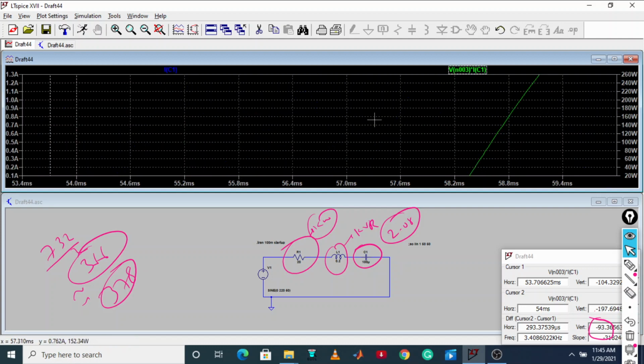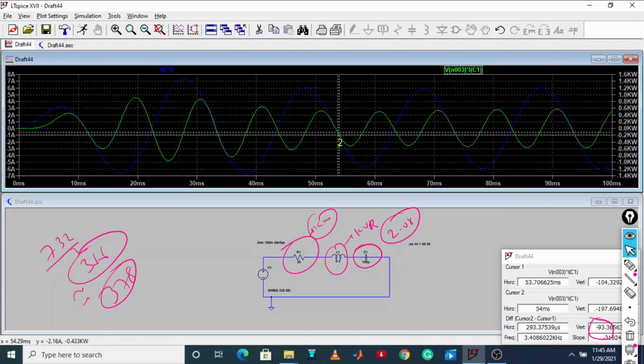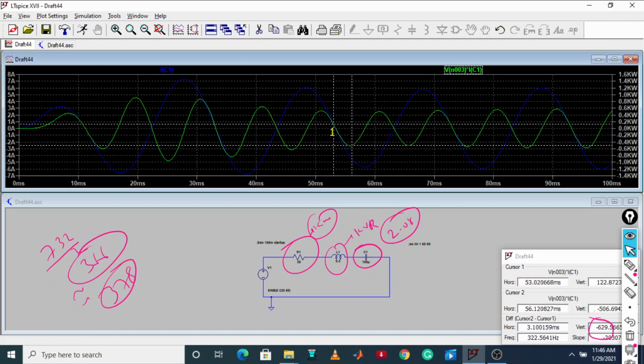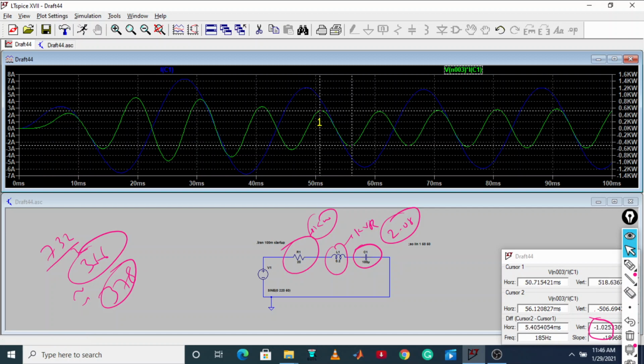Now take here, this is your minimum value and this is your maximum value. It is around 1.02. So the kVAR by this one, for the previous it was 2.08, now it is 1.025.